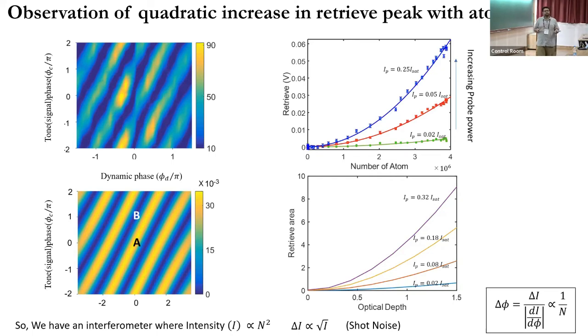We have an interferometer where we can measure the phase, and the intensity is proportional to N squared. And as our detector is shot noise limited, our delta I is proportional to I, which right away gives us the sensitivity as 1 by N, so reaching the Heisenberg limit.